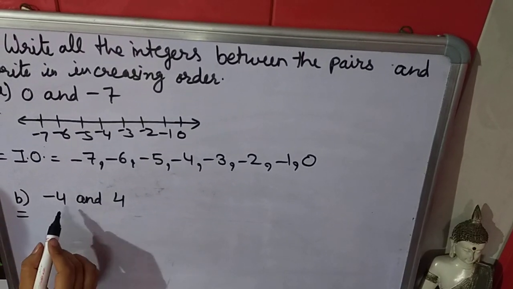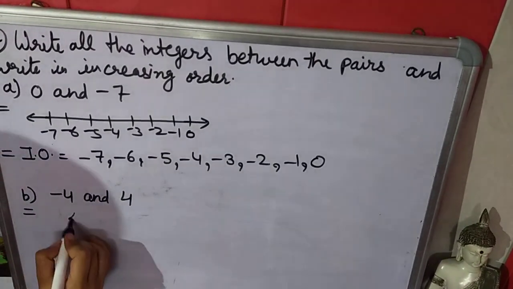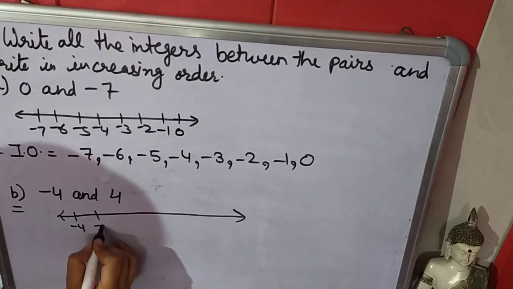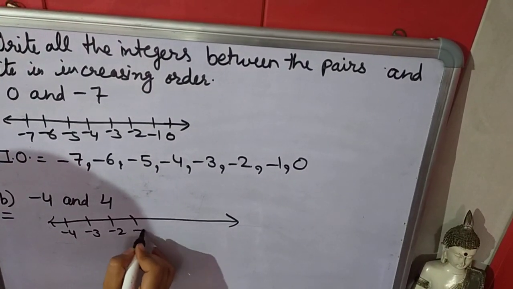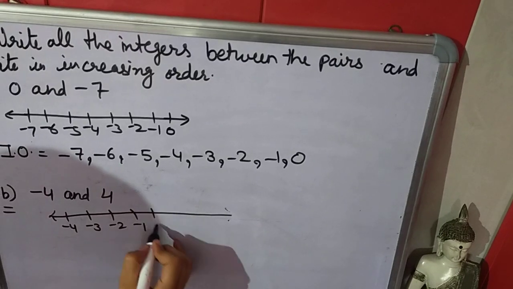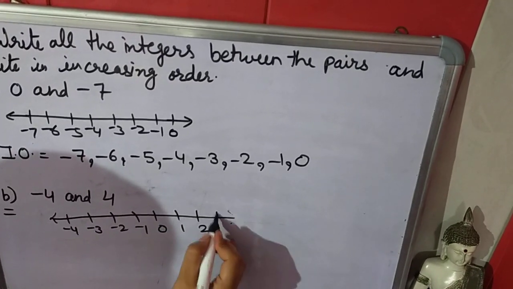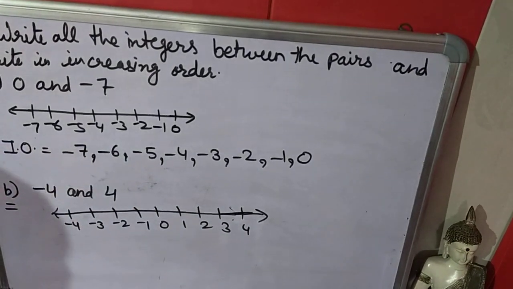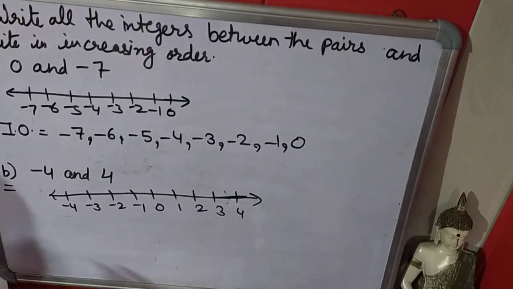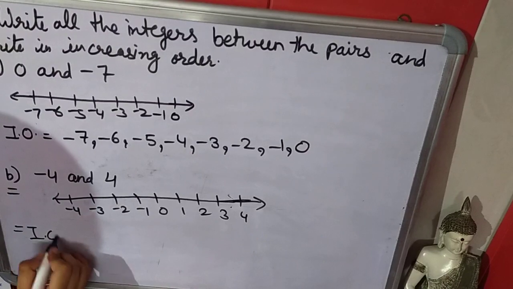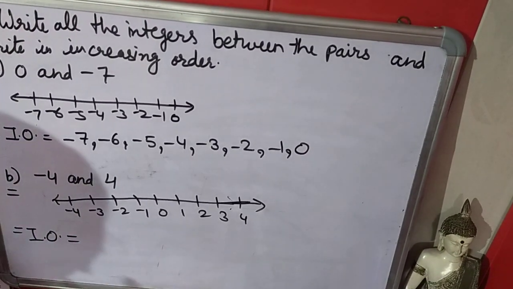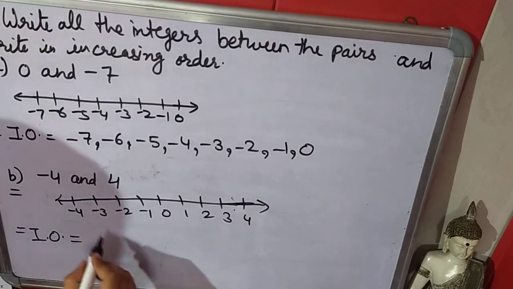Next is minus 4 and 4. Write all integers between minus 4 and 4. Minus 4, minus 3, minus 2, minus 1, 0, 1, 2, 3, 4. These are the integers between minus 4 and 4. Now we will write these integers in increasing order, means small to big. Now which is small?